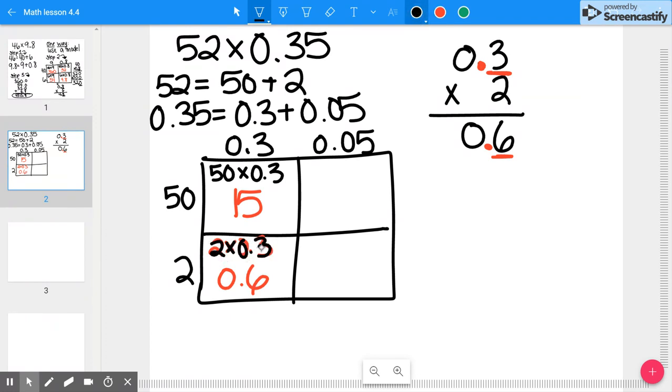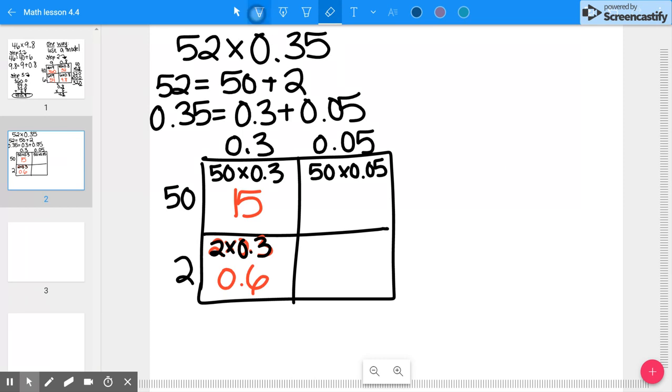All right, so now I'm moving up here to this box, and I'm going to say 50 times 5 hundredths. So when I do 50 times 5 hundredths, let's write it over here. And I'm going to put the 5 hundredths on top, just because there's more numbers there, times 50.